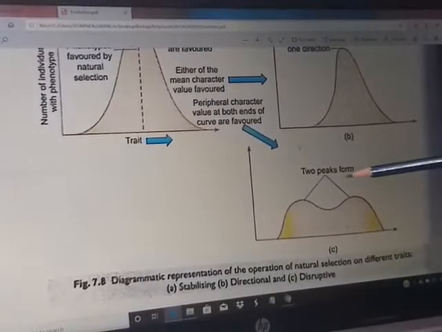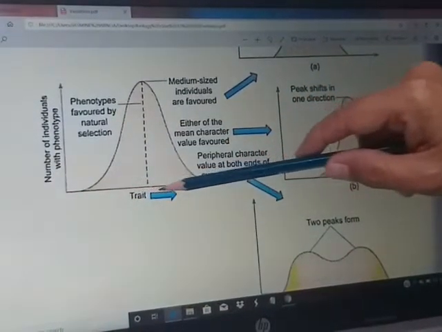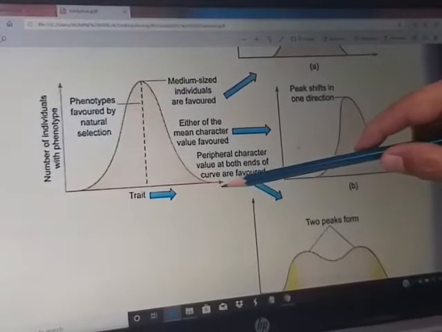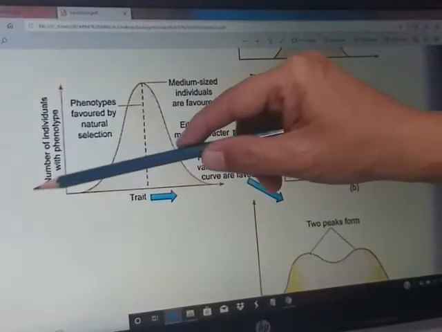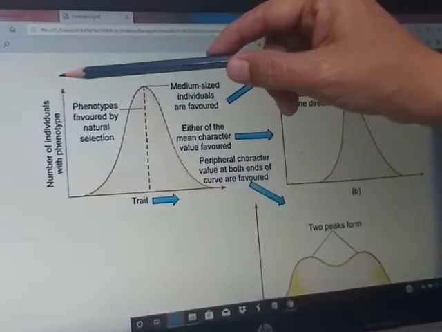I explain to you by taking a character. We are taking any trait or character on this axis and number of individuals with phenotypes on this axis.